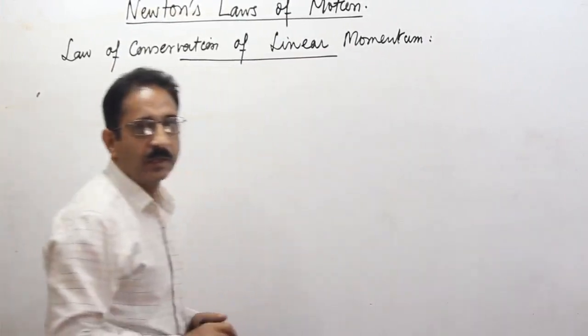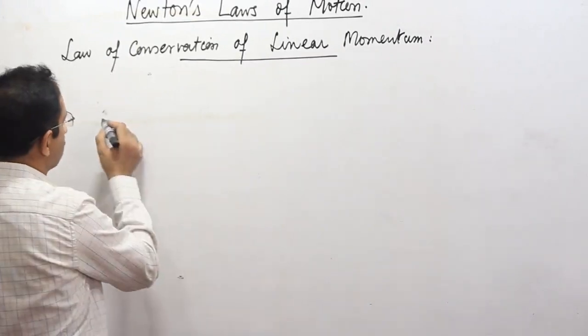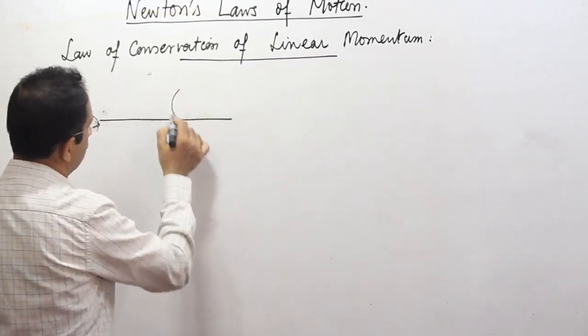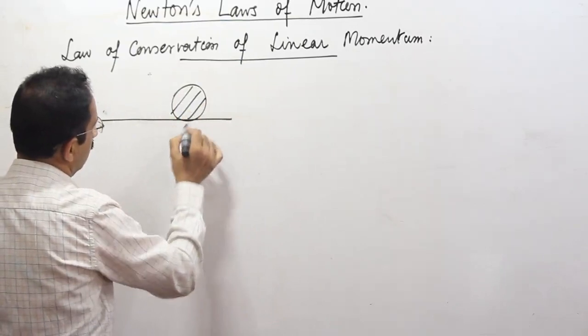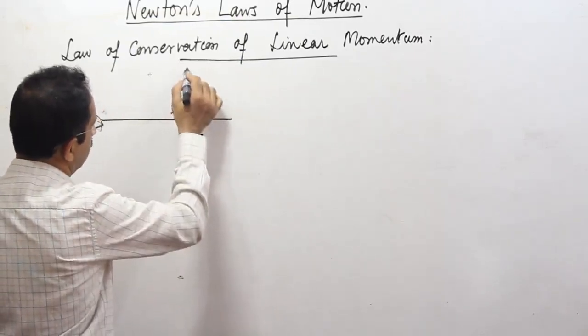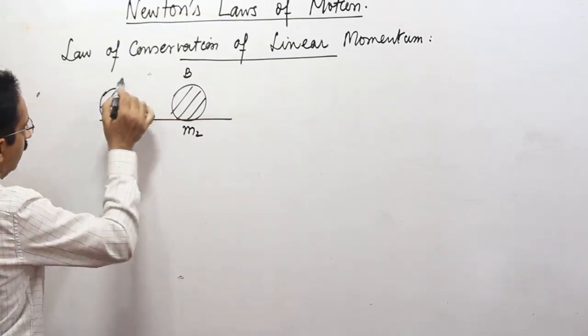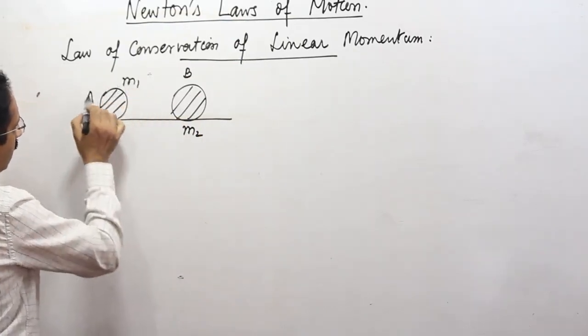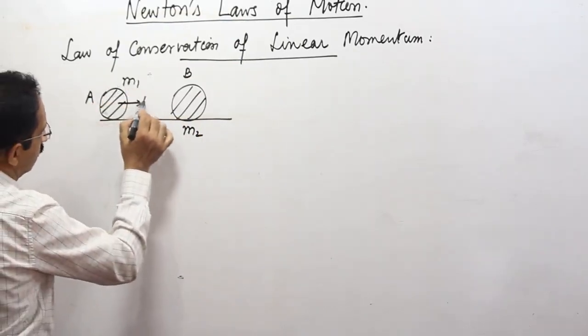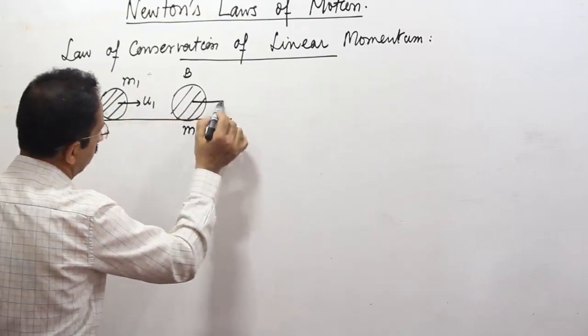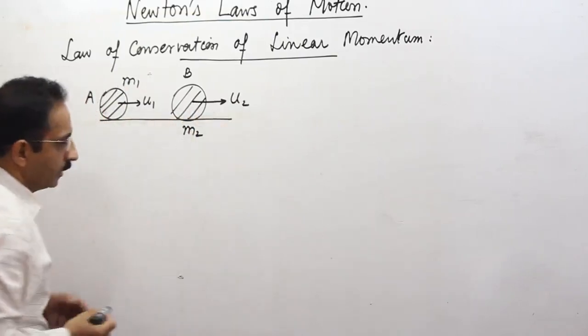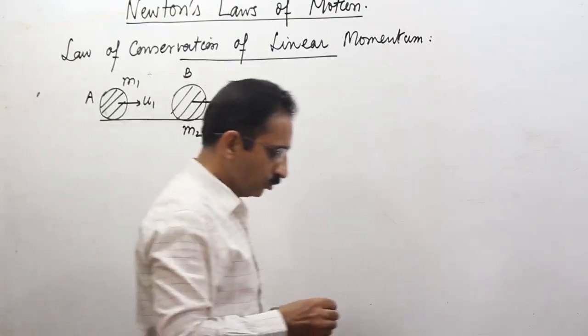Straight line का मतलब है that this is a one-dimensional case. So let's say ये हमारे पास है mass m2. I call it as a body B. ये हमारे पास mass m1. I call it as body A. Let this is moving initially with a velocity u1 and this is moving with a velocity u2.